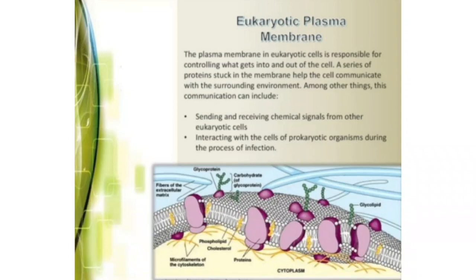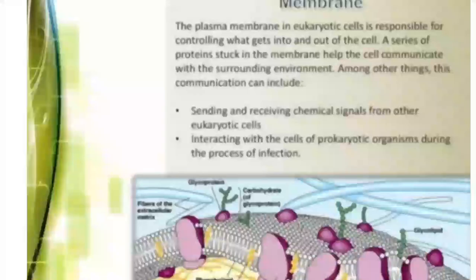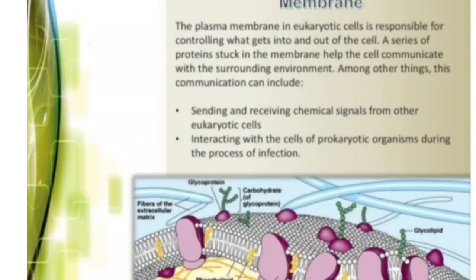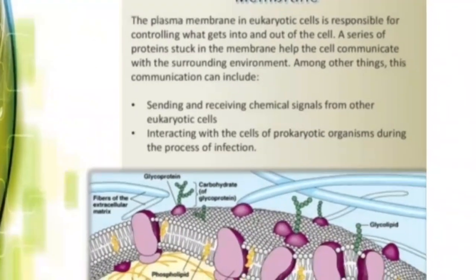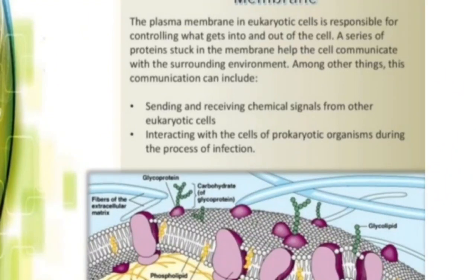Next, the eukaryotic plasma membrane. The plasma membrane in a eukaryotic cell is responsible for controlling what gets into and out of the cell. This plasma membrane is present at the outermost side.